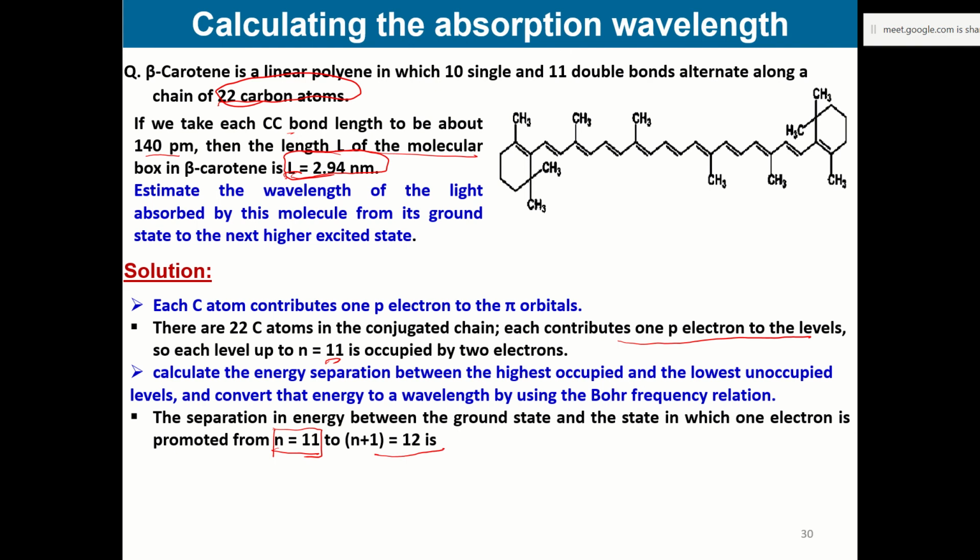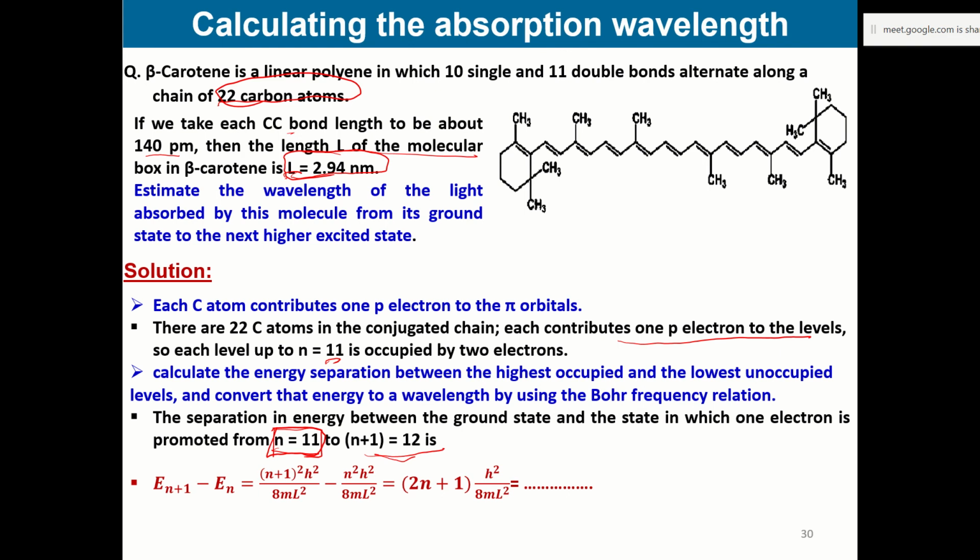So the n equal to 11 level becomes your highest occupied molecular orbital, the pi, due to the pi overlap. And the next, n plus 1, is 12. So this is the transition that we want to locate.